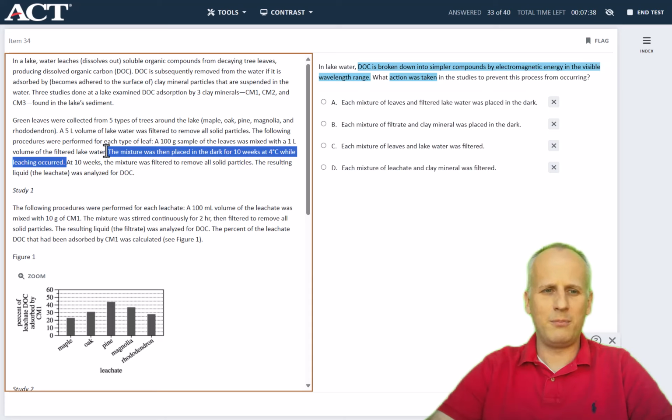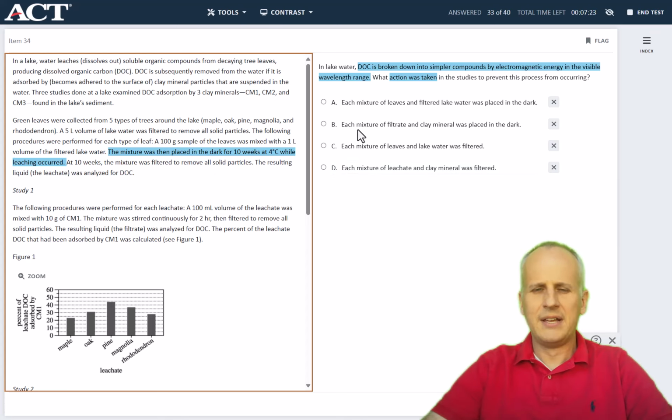Ooh, that very well may be the reason, because it's talking about in the visible wavelength range. At 10 weeks, the mixture was filtered to remove all solid particles. The resulting liquid was analyzed for that dissolved organic compound. So the key is recognizing it's talking about the visible wavelength range. So they were placed in the dark. That seems pretty good.